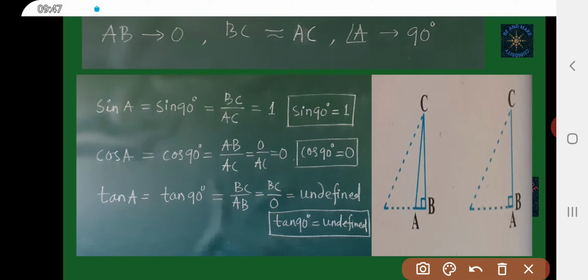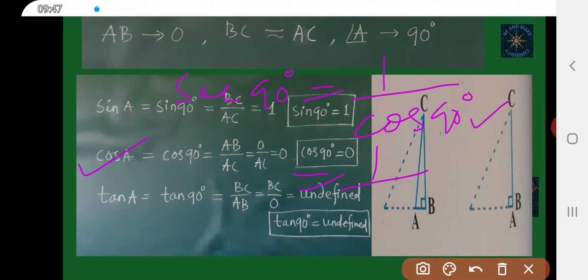Similarly, you find that sec 90 degree is the reciprocal of cos 90 degree. So 1 by cos 90 degree, that is 1 by 0. So sec 90 degree is not defined.